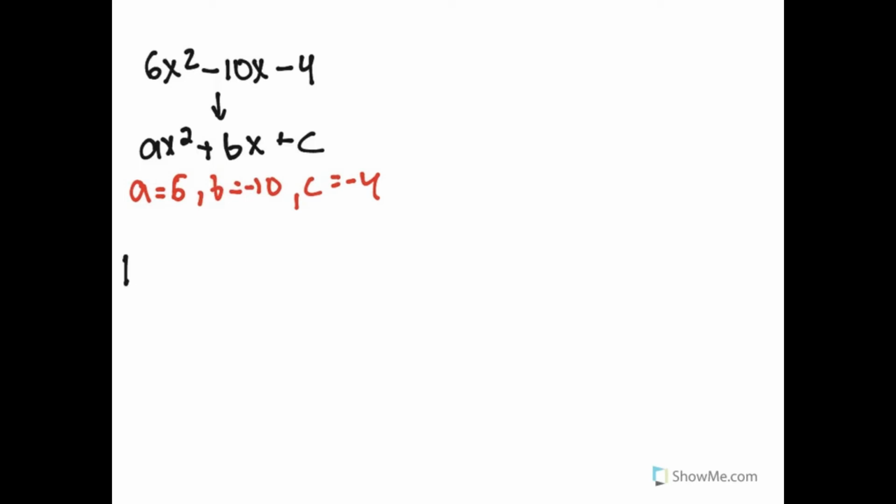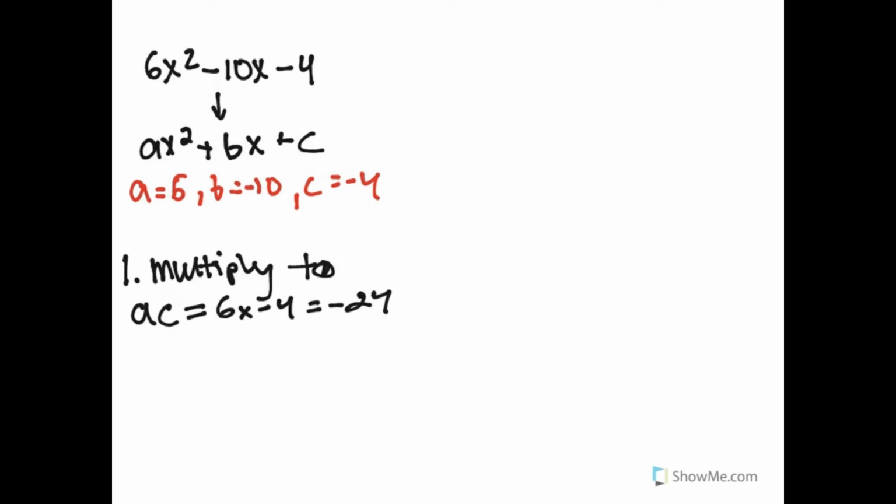Now let's map out the rules. We need two terms that multiply to AC, which in our problem is 6 times negative 4, which equals negative 24. And then they must add to b, which in our equation is negative 10.